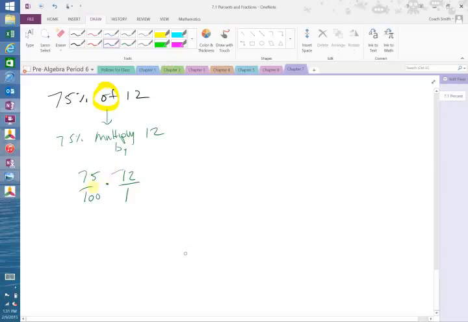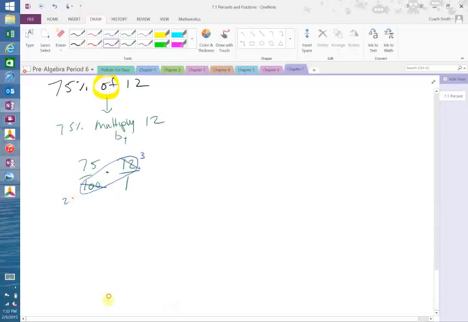Now we can cross cancel here. 4 will go into both of them, so 4 goes into 12 3 times, 4 goes into 100 25 times. And 3 times 75 would be 225 over 25.